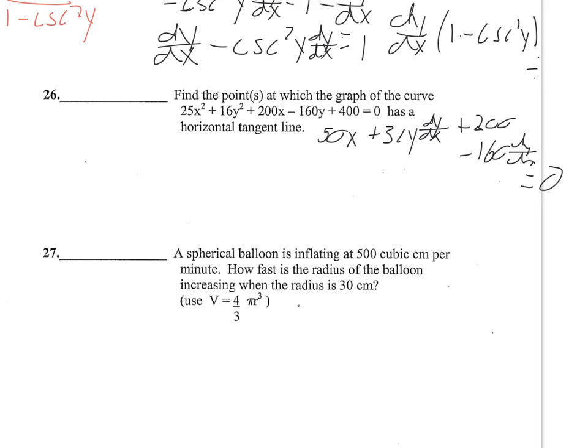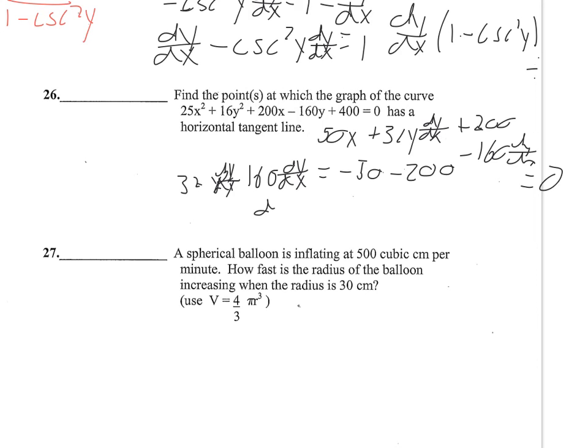Okay, subtract off the 200, so I'll just be left with 32y dy over dx minus 160 dy over dx equals negative 50x minus 200.